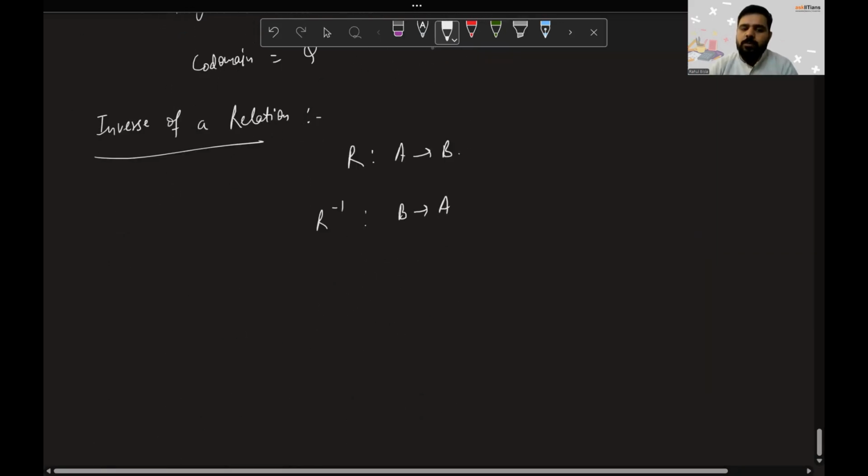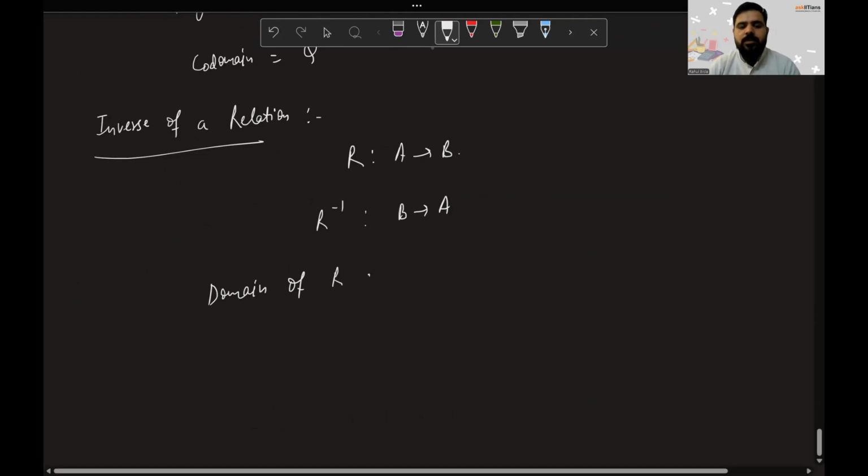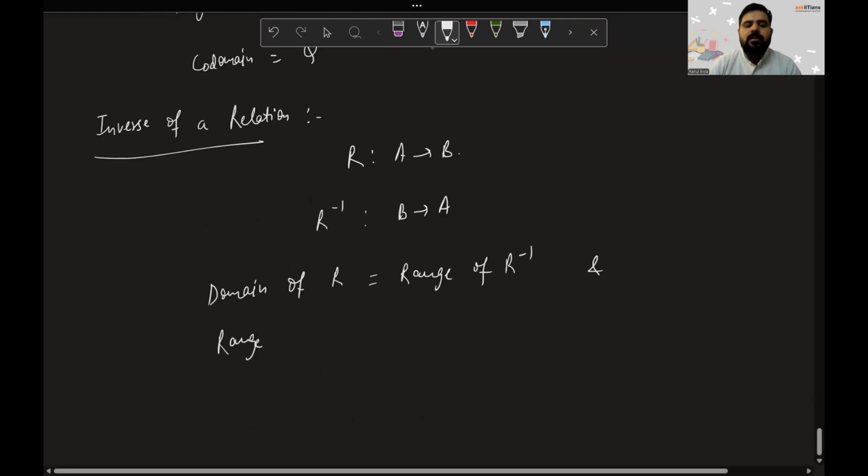So one good observation from here is that the domain of R will become the range of R inverse, and the range of R is going to be the domain of R inverse.